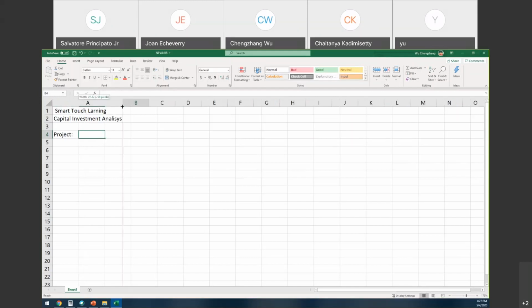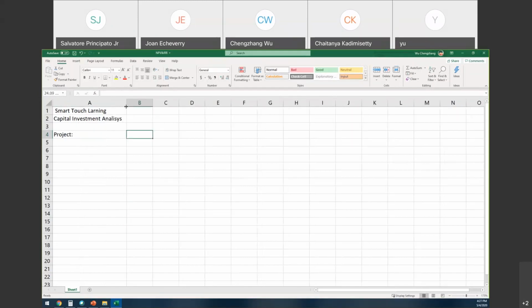Let me make it wider. We have two projects, laptops and desktops.